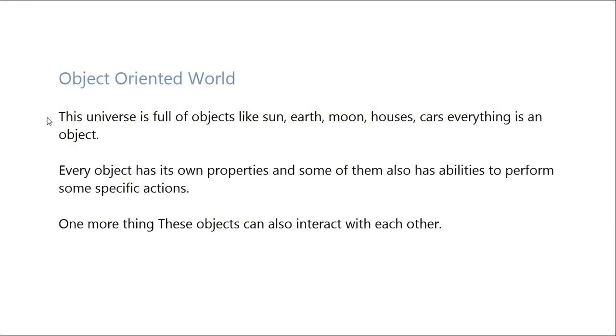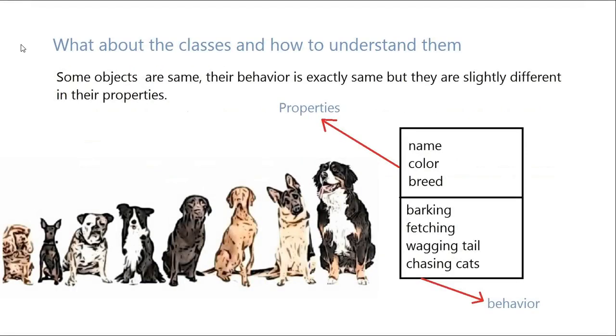Then he started looking at everything around him as an object, and he found that this universe is full of objects like sun, earth, moon, houses, cars, everything is an object. Even human beings are also objects. And every object has its own properties and some of them also have abilities to perform some specific actions. And one more thing, these objects can also interact with each other. So the concept of objects started making sense to him.